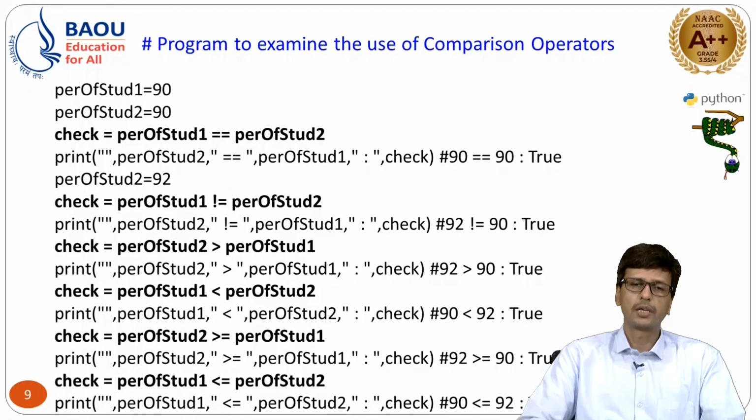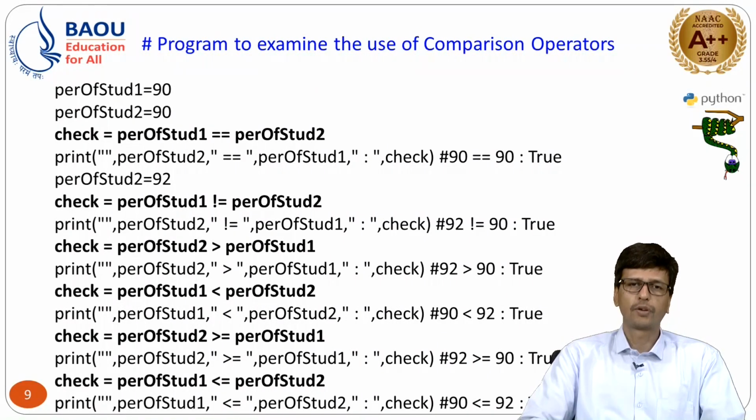It will give you the result in Boolean form. As you already know from the previous session, if the data type is Boolean, only two possible values, one at a time, true and false, are possible. So here you can see that the result of the double equal to sign will be true because both the values are the same.